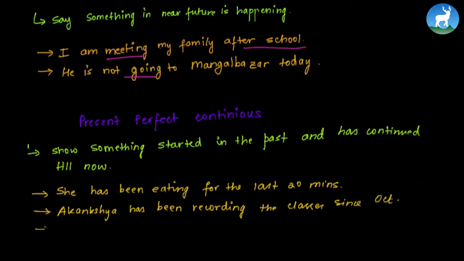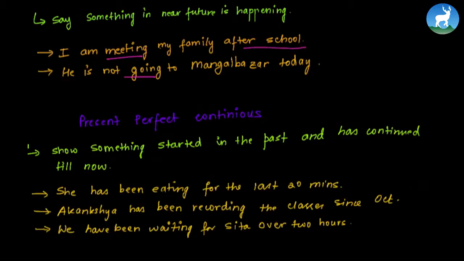Or another example, one last example: we have been waiting for Sita over 2 hours. So this is present perfect continuous tense, where we use has plus been or have plus been and the ing form of the verb.